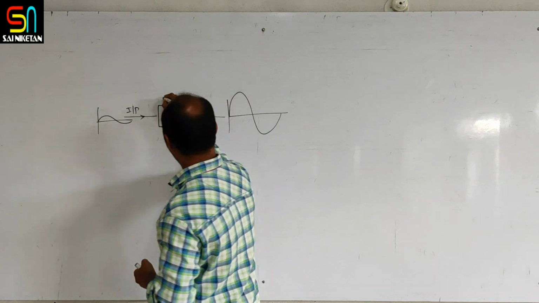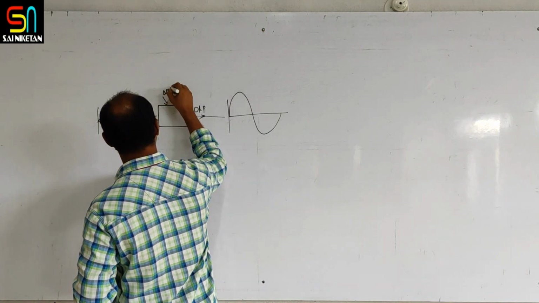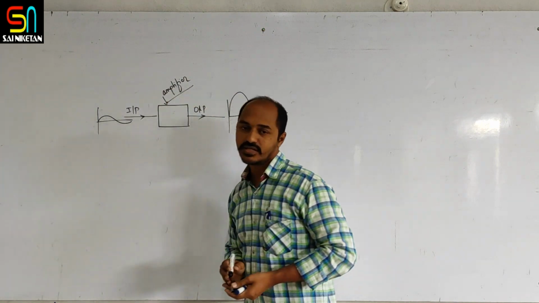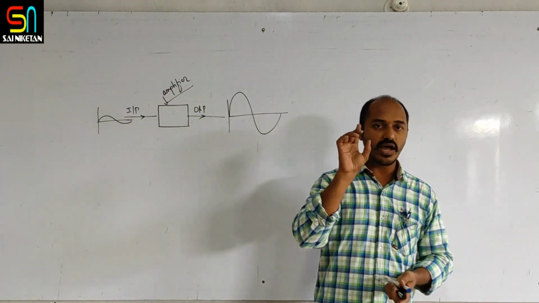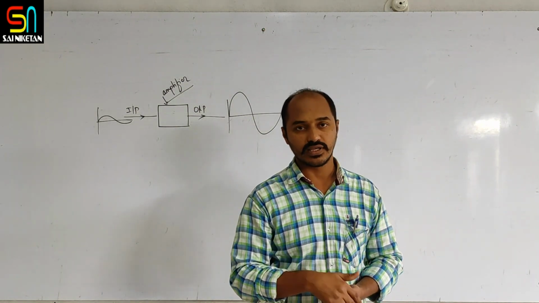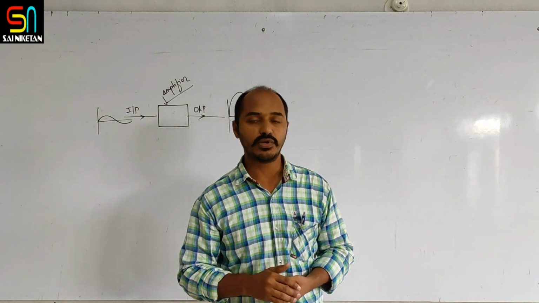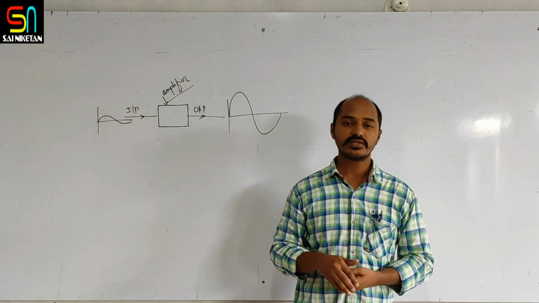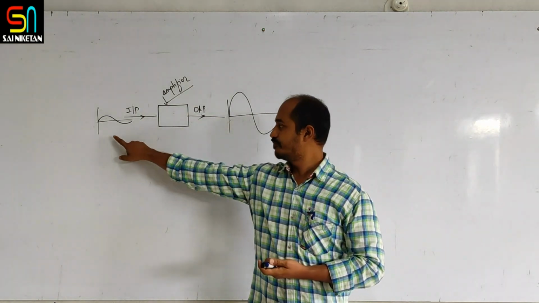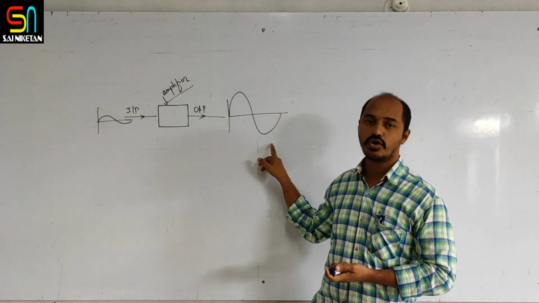So an amplifier is a device which makes a weak signal into a strong signal, and amplification is the process which makes a weak signal into a strong signal.